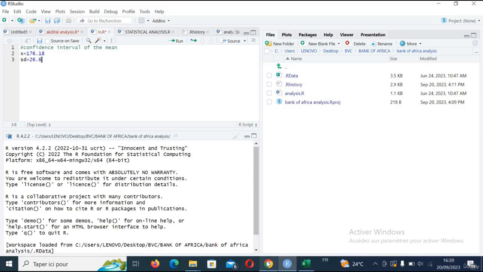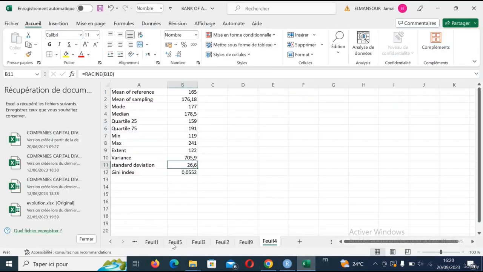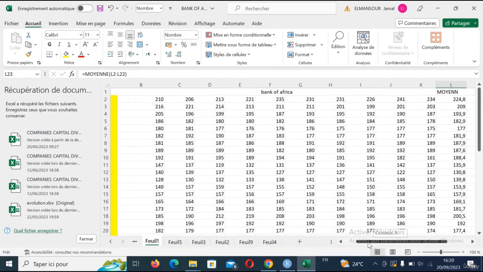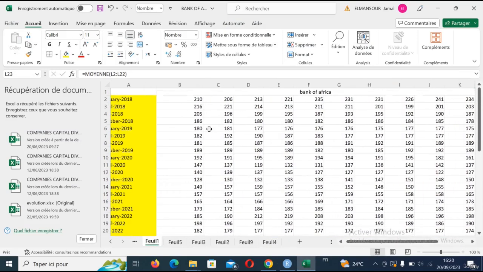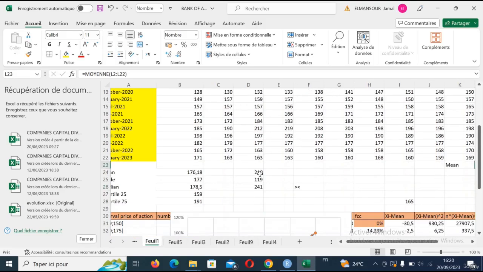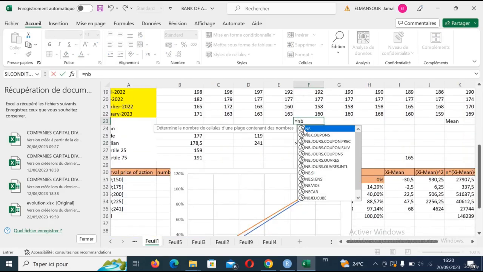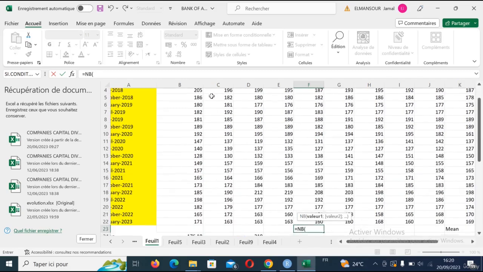And we're going to search for the number of values we calculated, all of them. How many values do we have here? It's called NB, number.